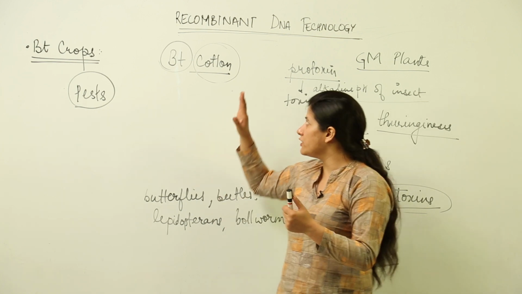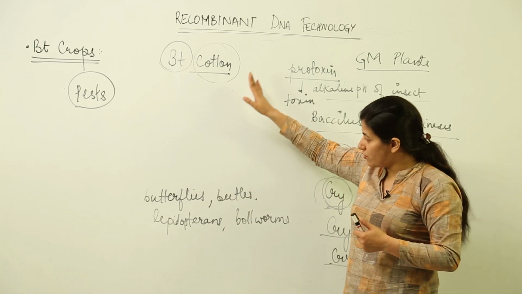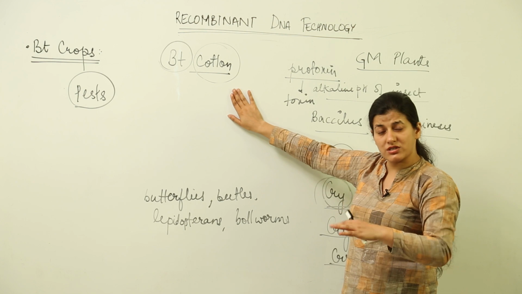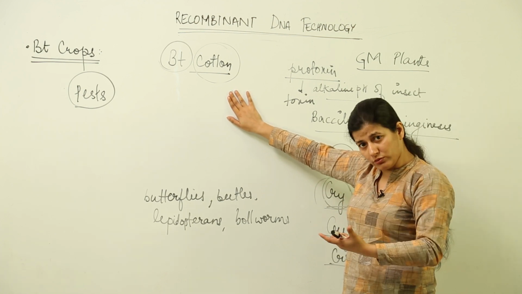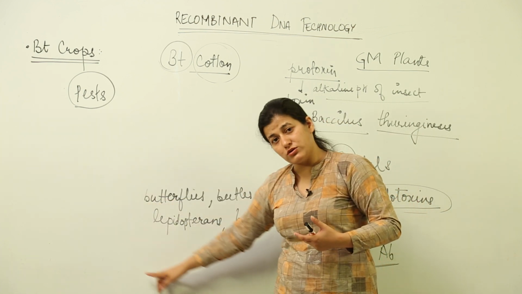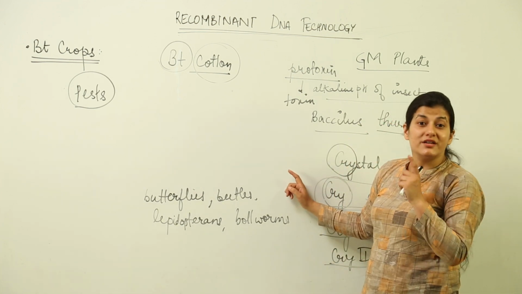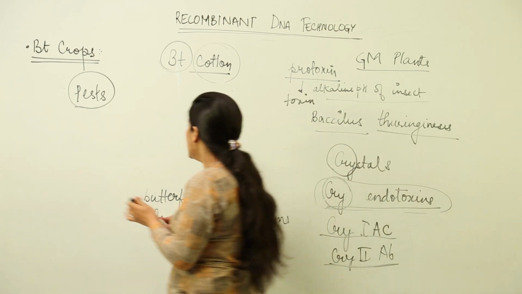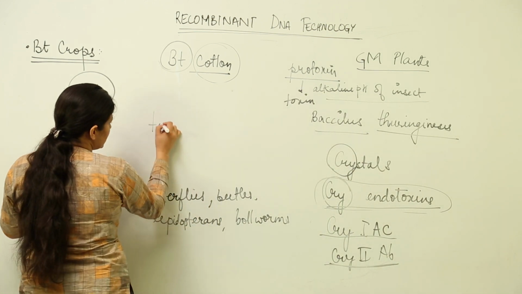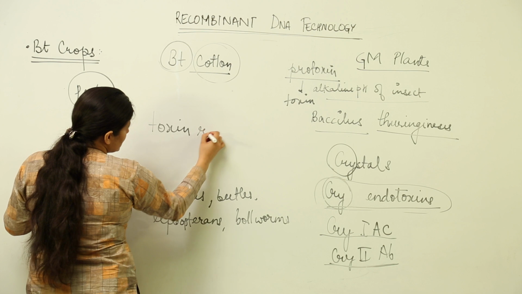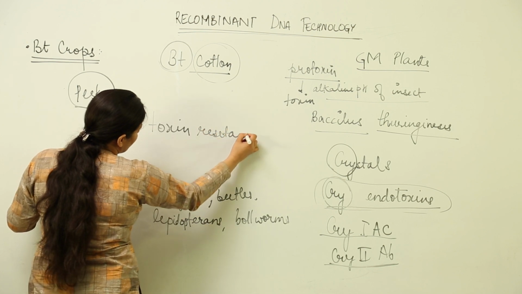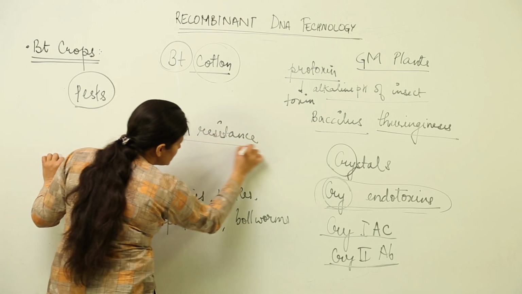So, supposedly you introduce Bt cotton, you have a cotton variety which is completely new to all these insects. They are also living organisms, they are also going to develop some sort of resistance. So, with time we have seen that toxin resistance is developing in these insects.